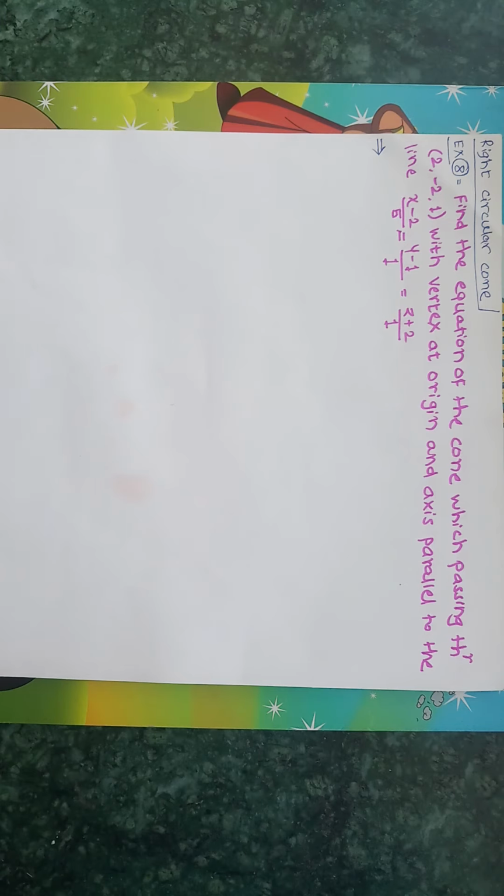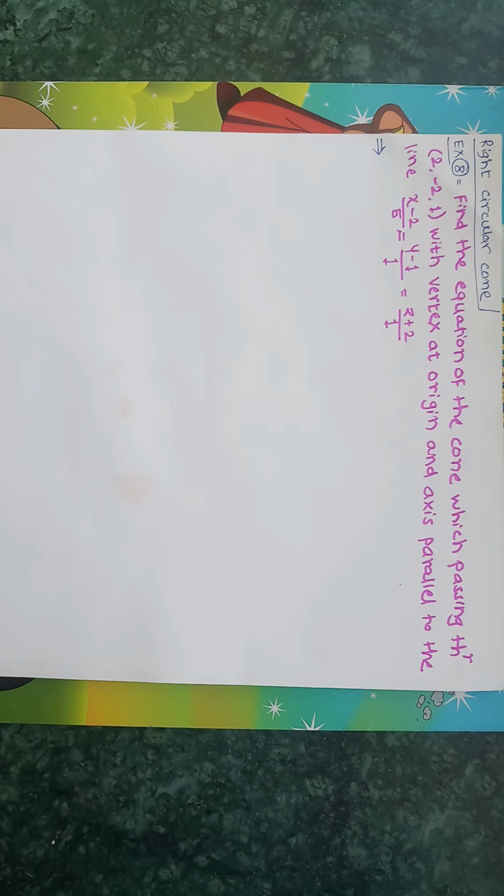The cone has its vertex at the origin, that means (0, 0, 0), and axis parallel to a given line. The equation of the axis is not given, but the line is given, and we know that if two lines are parallel then their slopes are equal and their DRs are also equal.